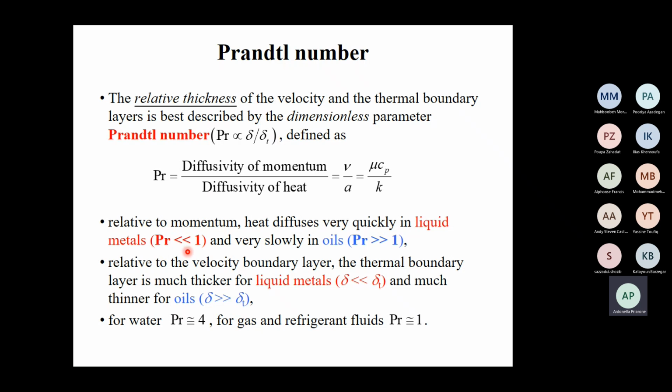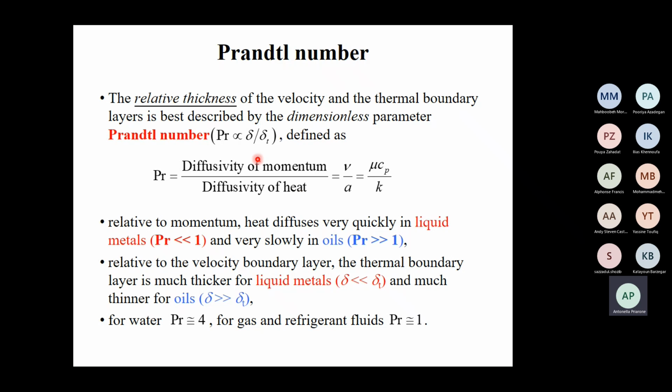Here it is written lower than 1, bigger than 1. But liquid metals, very low value of Prandtl number, oils, very big values of Prandtl number, which is the physical behavior? For liquid metals, the heat diffuses very quickly with respect to momentum. That means that the diffusivity of heat here, that is at the denominator, is much bigger for liquid metal than the diffusivity of momentum. It is for this reason that the Prandtl number is less than 1.